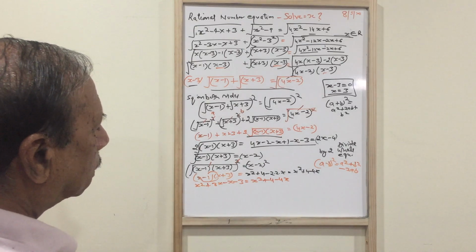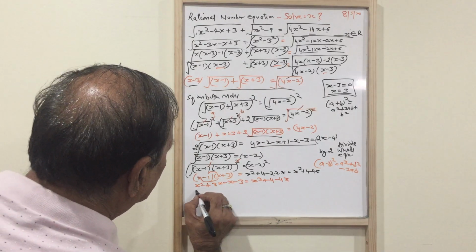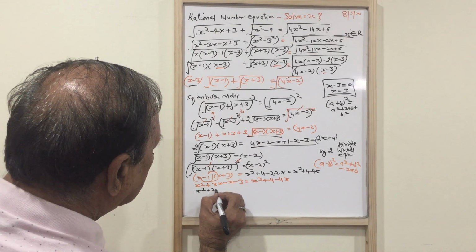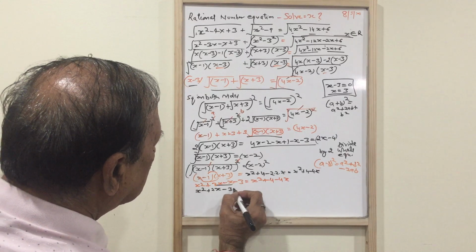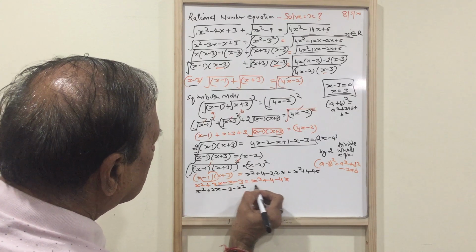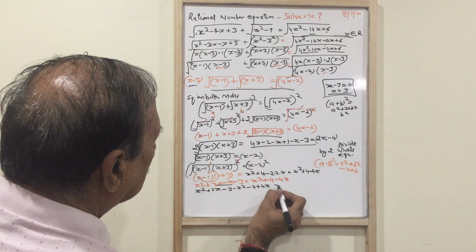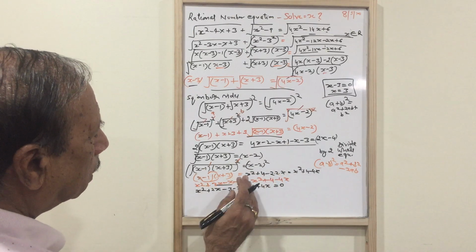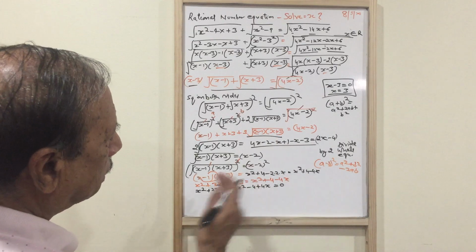Now we take everything on one side. So from this we can say x square, 3x minus x is plus 2x minus 3. We'll take this side, then it is x square minus 4, and minus 4x. When we take one term to the other side, then the sign changes. If it is a minus, it gets plus.